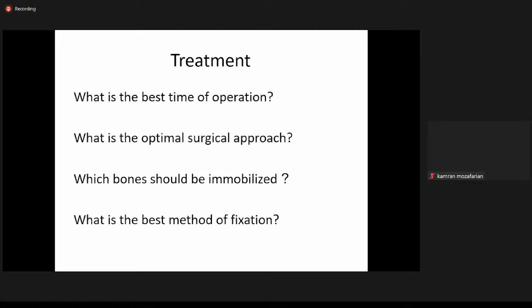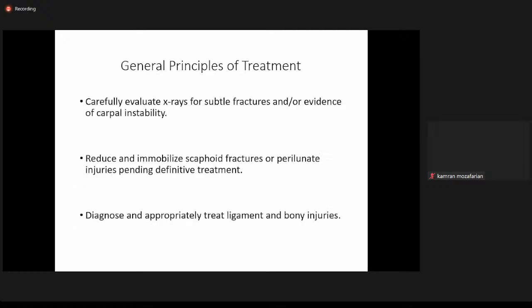Before treating a patient with this complex injury, the surgeon should answer: what is the best time of operation for the patient, what is the optimal surgical approach, and which method gives the definitive treatment after complete diagnosis and preparing of the equipment.